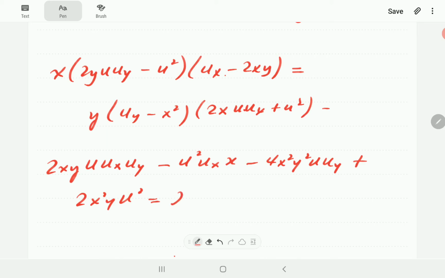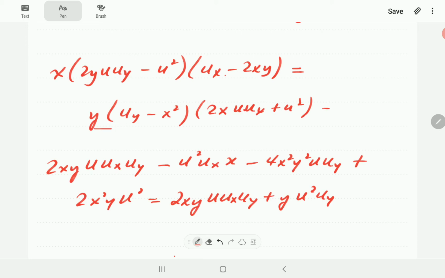Then on the right hand side, we're going to have 2xy u ux uy, multiply this term and this term, and then we're going to have plus y u squared uy.